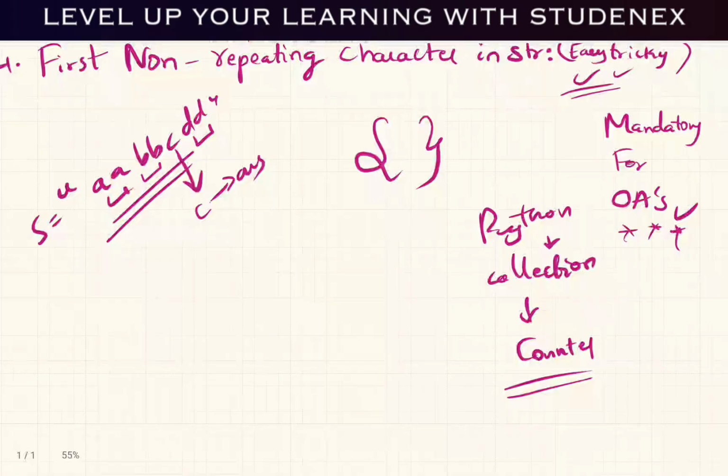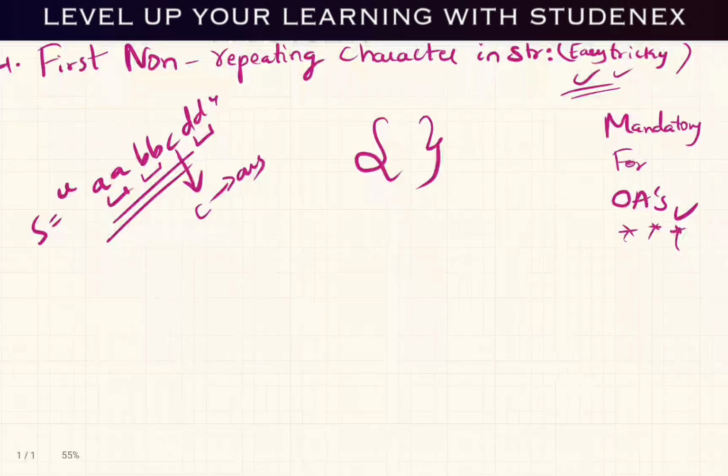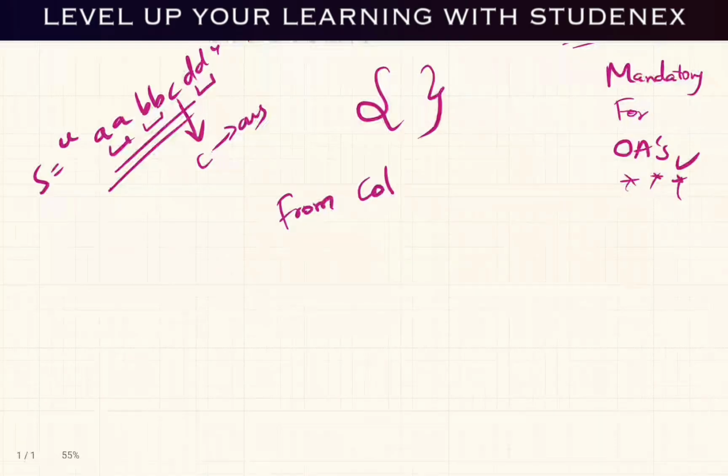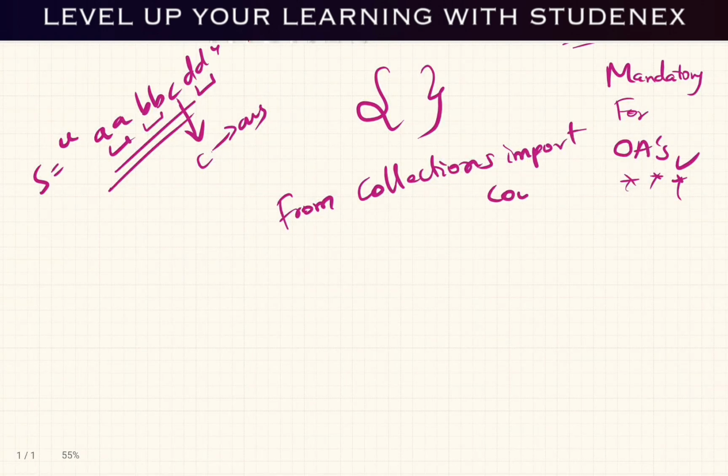It's an easy way to store a whole string in a hash map. So first, from collections, I'm going to import Counter. This is the statement I'm going to write first.